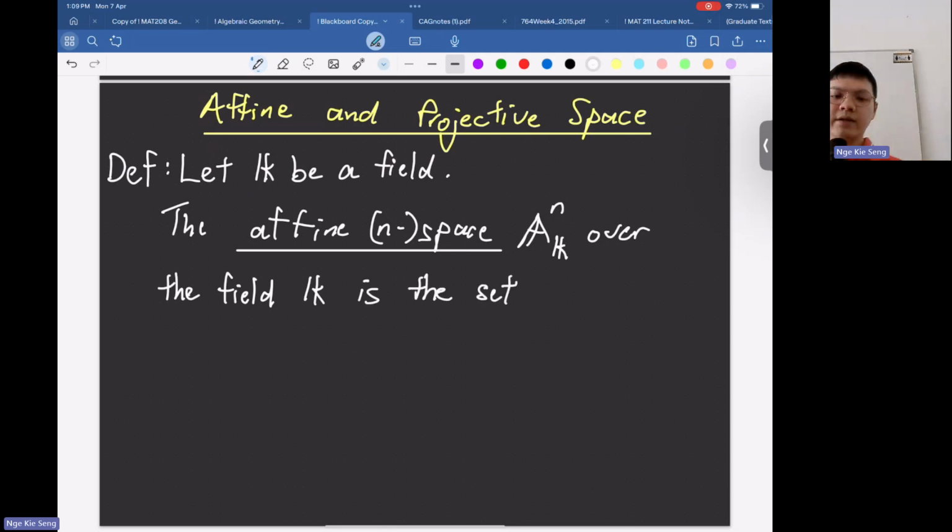It's a set of what? Basically, this is exactly the same as taking n-tuples of K numbers.